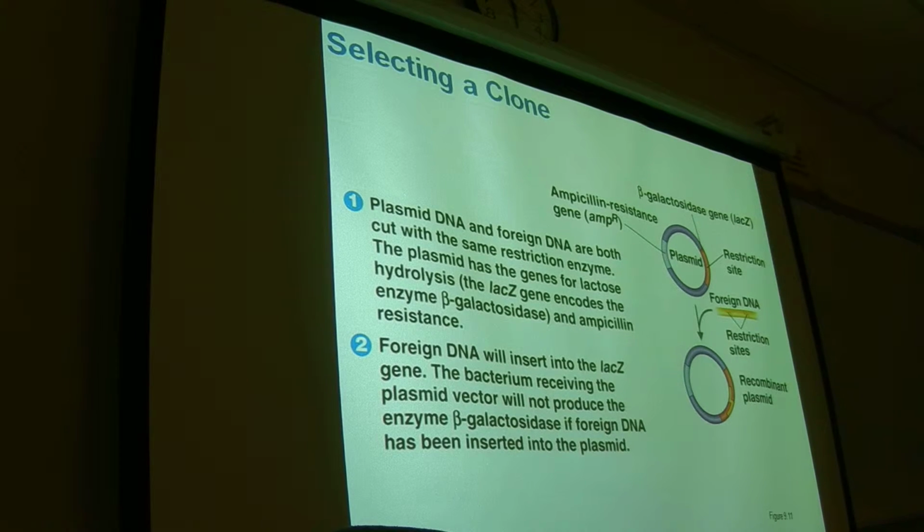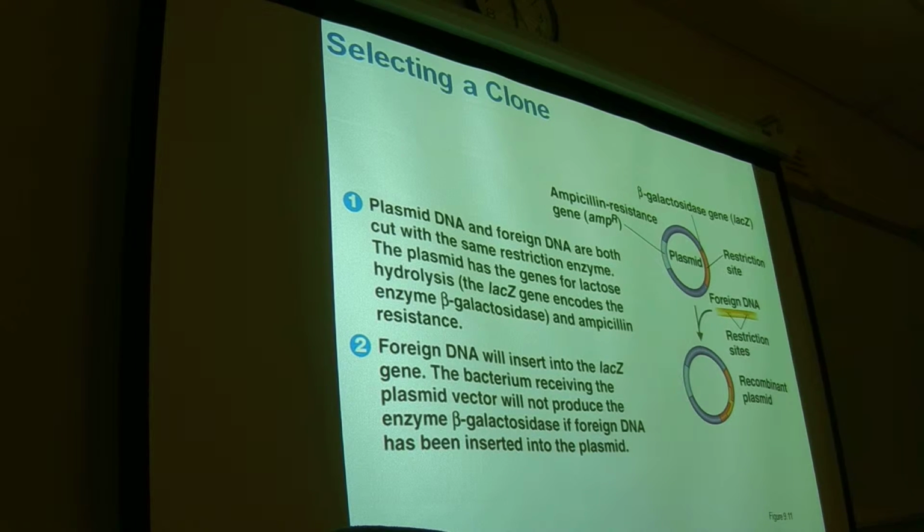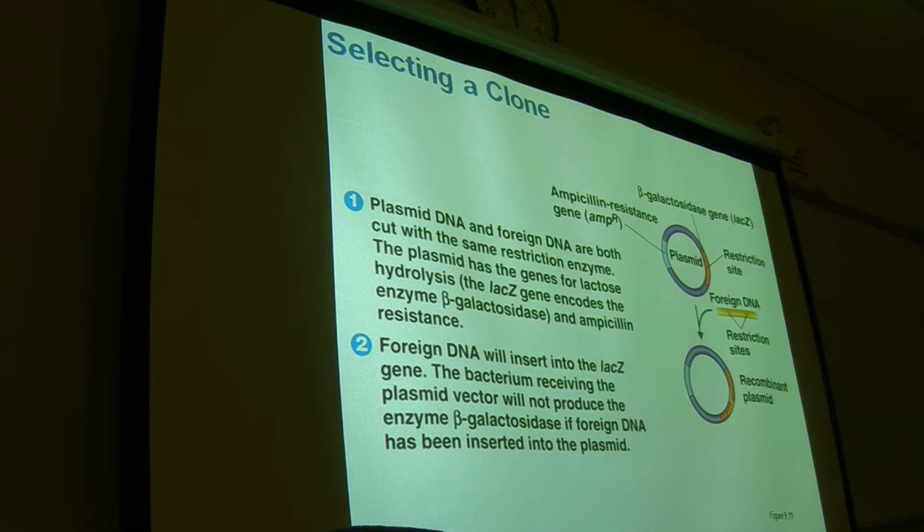Any bacteria that got this plasmid will have the ampicillin resistance gene, so it will survive in ampicillin. Any bacteria that did not get your plasmid will be killed by the ampicillin. So if you grow your cells in media with ampicillin for a day or two, any cells that survive, you can be ensured has your plasmid in it. So it's a way of killing off all the cells that didn't take in your plasmid.